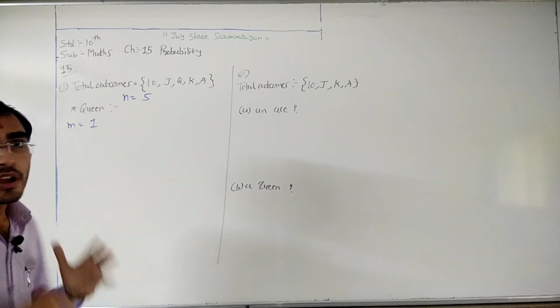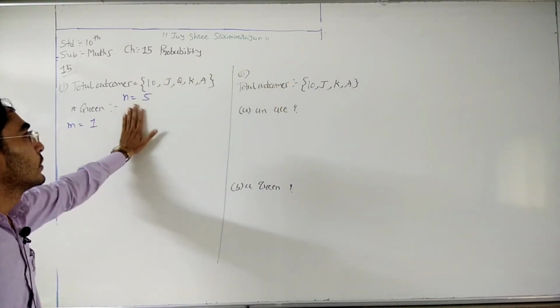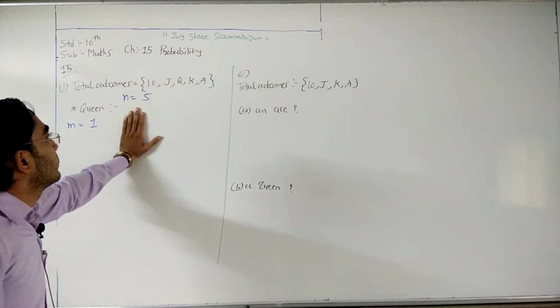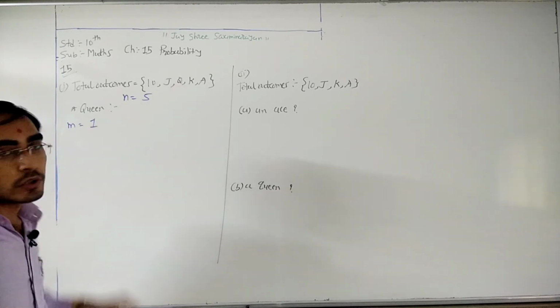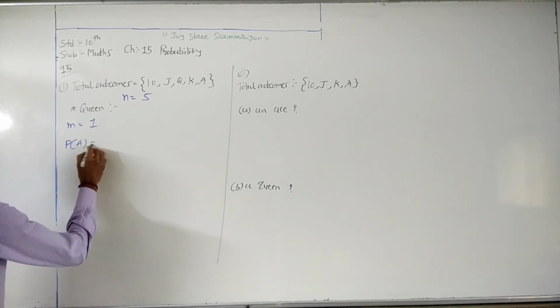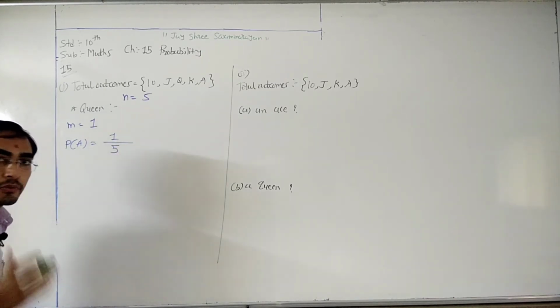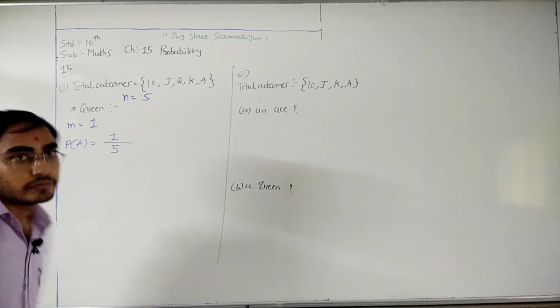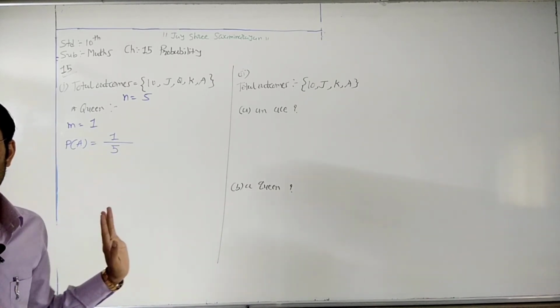First of all, total number of outcomes, so 10, Jack, Queen, King, Ace, 5. Out of that favorable outcome, Queen, only 1 queen we have here, so favorable outcome 1. So we need to find the probability for this event. Favorable outcome 1 divided by total number of outcomes 5, so 1 by 5. So probability for Queen, it is 1 by 5.